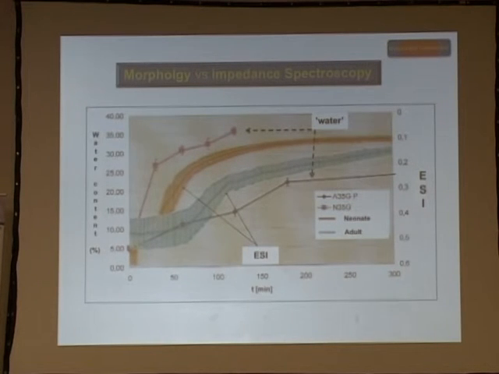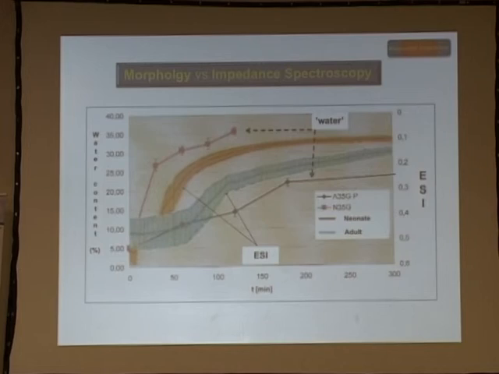The light blue and orange curves are the extracellular space indices from adult and neonatal heart. And it is obvious that if you compare adult and neonatal heart, the water content and the extracellular space index measured by bioimpedance measurements are almost the same.